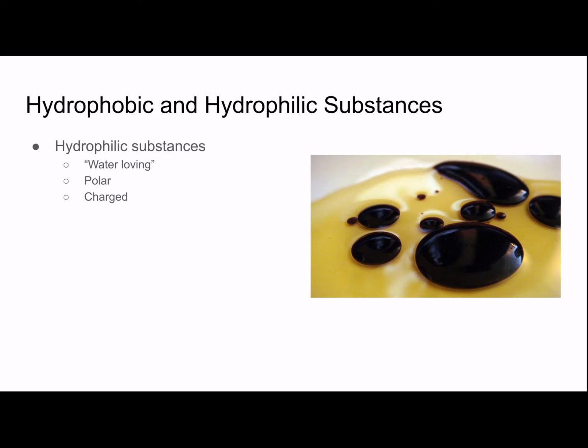And hydrophilic substances could be charged or ionic. And all of these hydrophilic substances will dissolve in water, which is why water is called the universal solvent, because so many molecules will dissolve in it. And again, this is all because of the polar form of water.